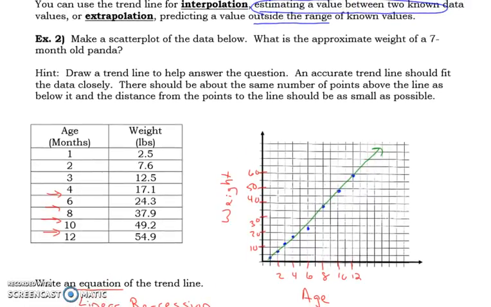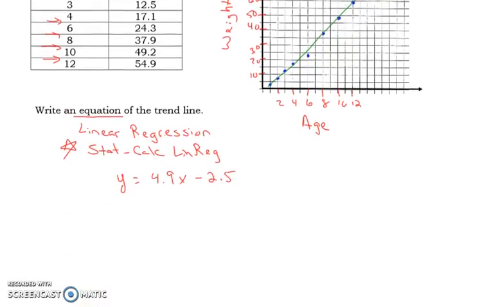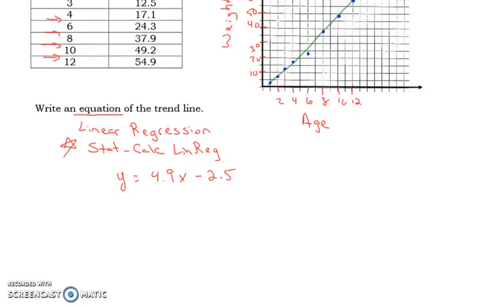Now the question is, what is the approximate weight of a 7-month-old panda? So I need to find the weight, which is the y value, when the panda is 7 months old, which is the x value. I can use my scatter plot and look at the trend line, or since months is x and I'm looking for the weight, which is y, I substitute 7 in for x and use the equation of my trend line.